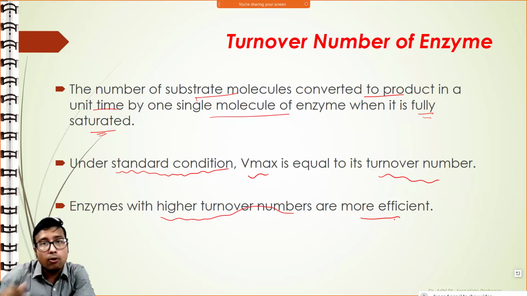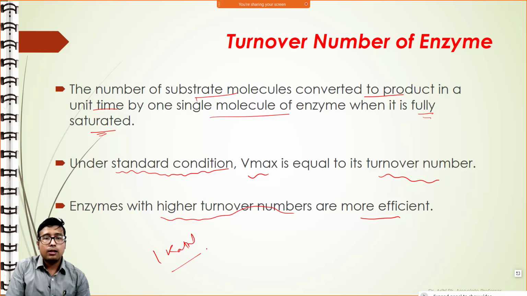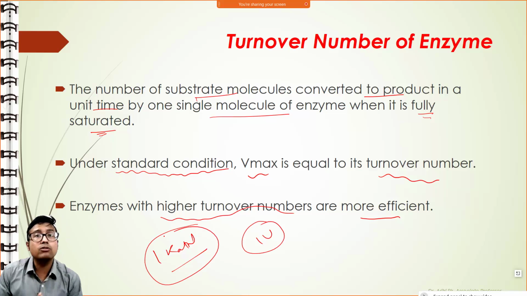Now, there is one more assignment. What is the unit of turnover number, or what is the unit of enzyme activity? There are two units. Number one is katal, and number two is the international unit, IU. So note down the homework I am giving you. I'll be asking them next day, or if you are willing, you can post it in the WhatsApp group.